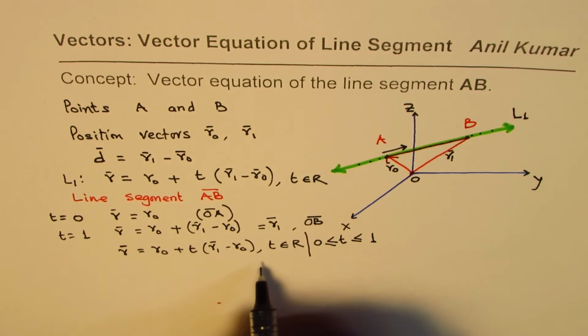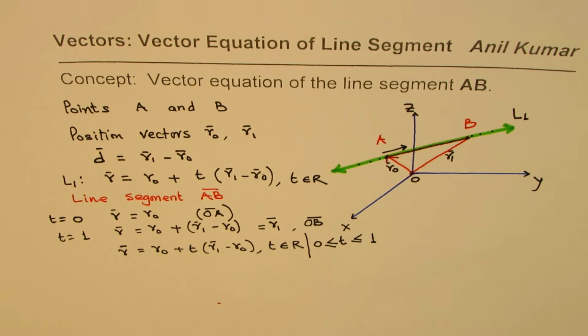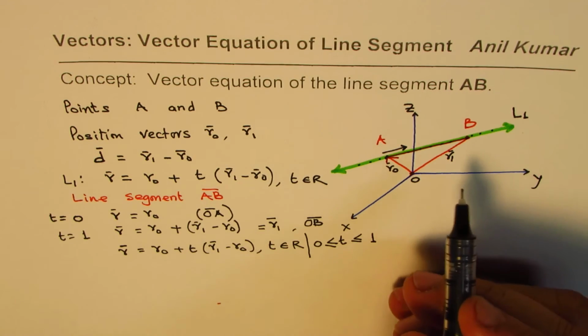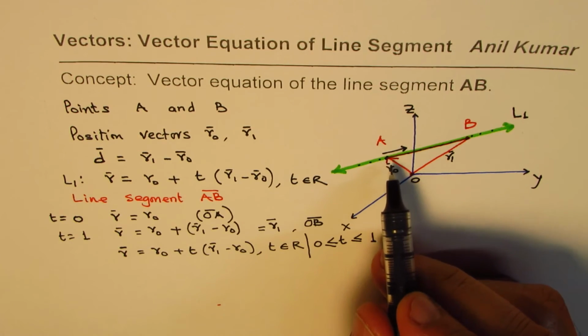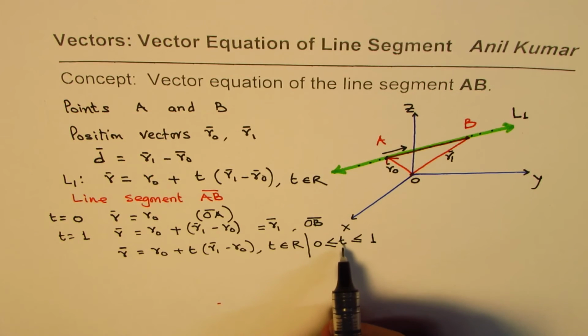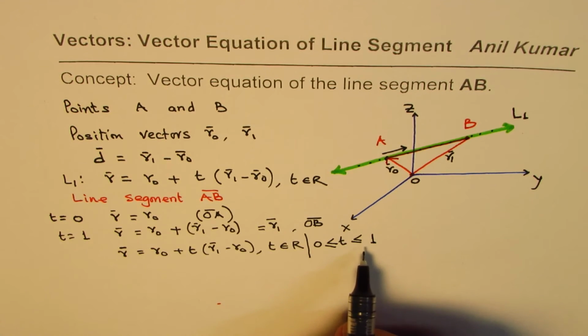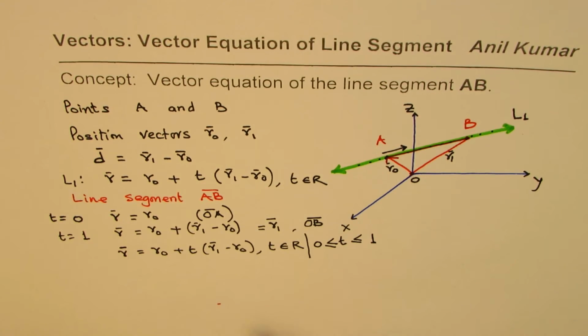So in that case, the line segment AB is defined. Do you get the idea? So basically, the line segment is the portion of the line where the parameter t is within 0 and 1, right? So that is what it is.